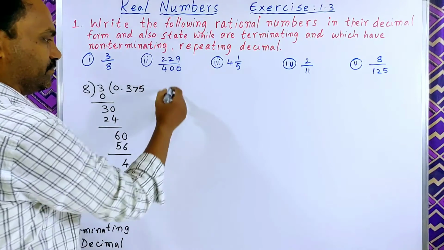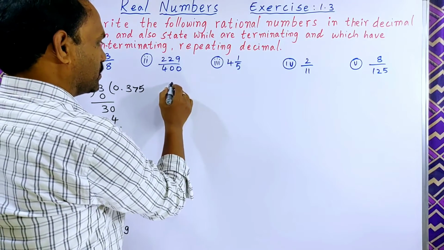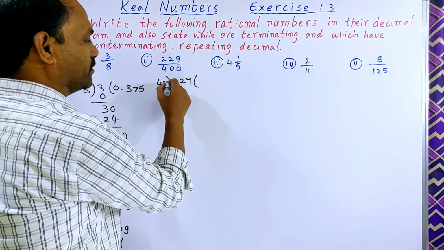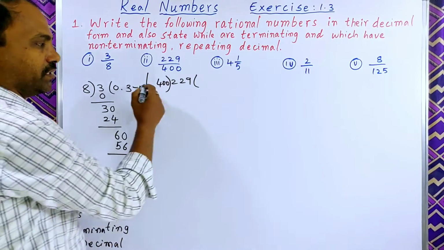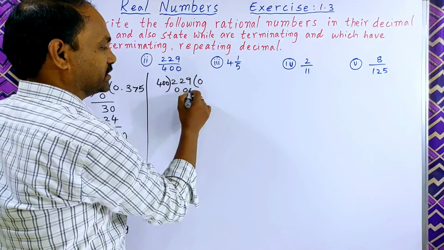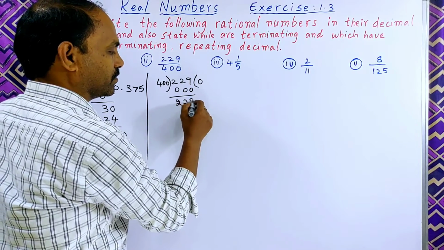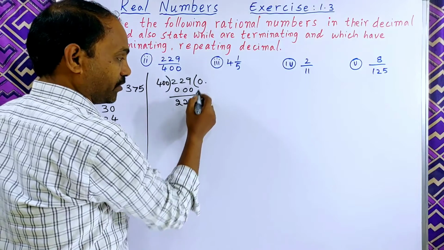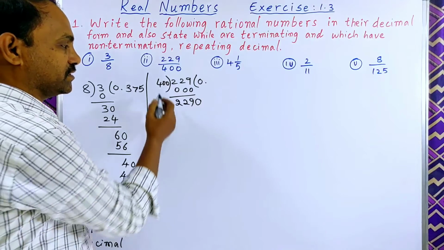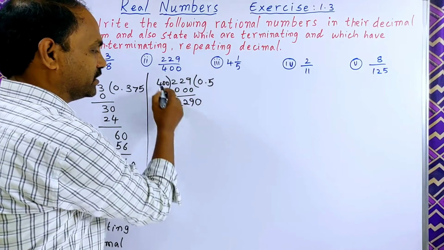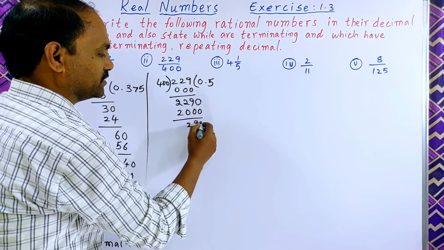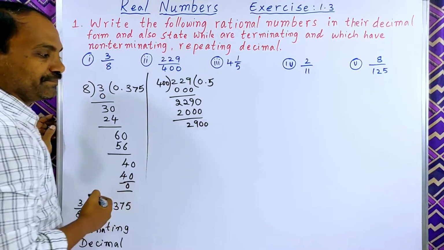Okay, let us check this one: 229 divided by 400. 400 once also not gone, so first we write 0, then the decimal point, then 0. How many times? 4 5s are 20. 2 zeros are there, so 290. Again you can write 0.